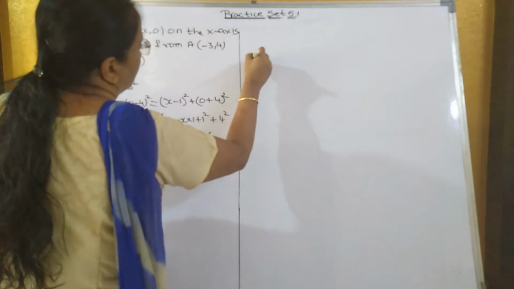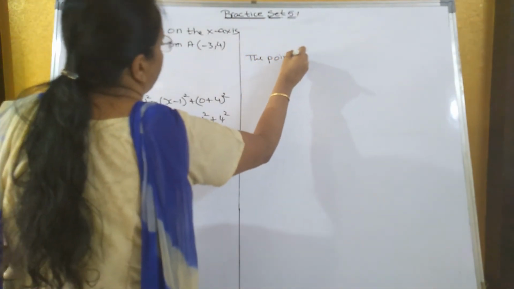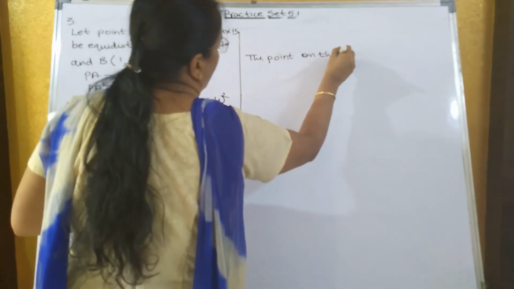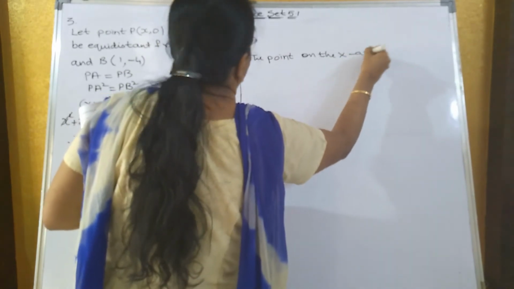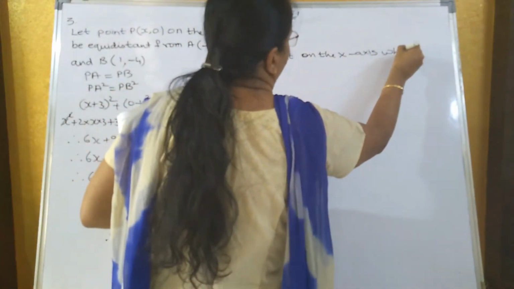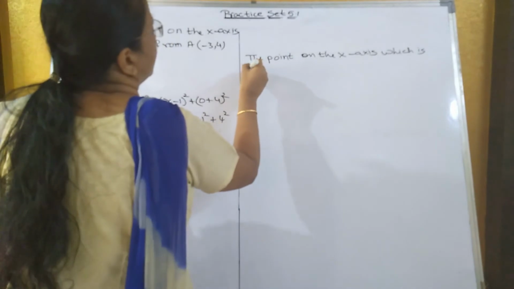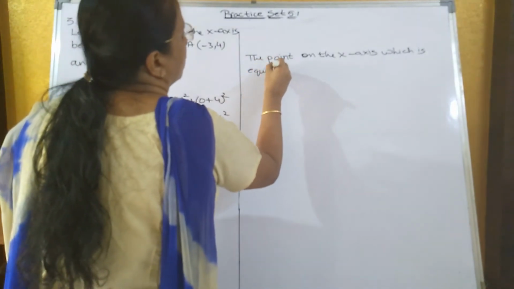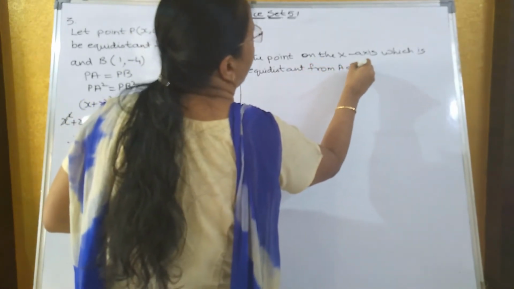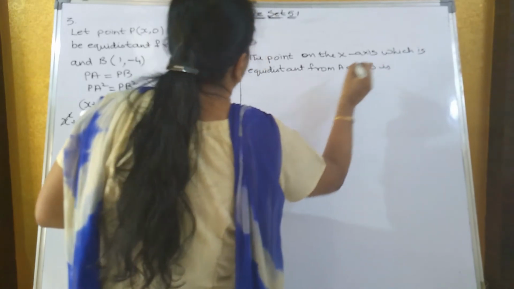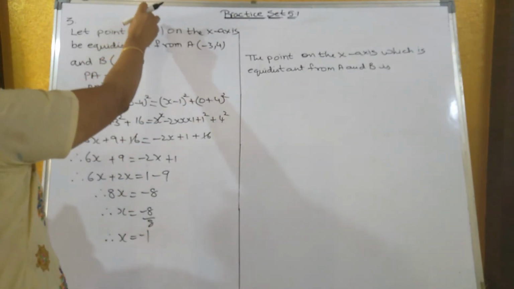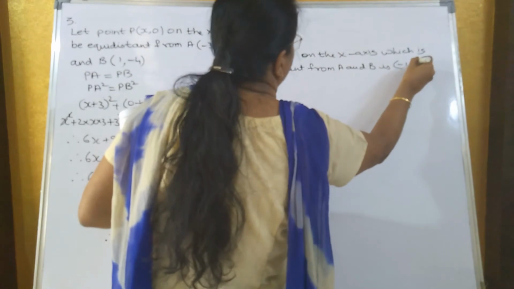The point on the x-axis which is equidistant from A and B is what we have got. (x, 0) it was, we have got the value of x equal to -1, so it will be (-1, 0). The point is (-1, 0).